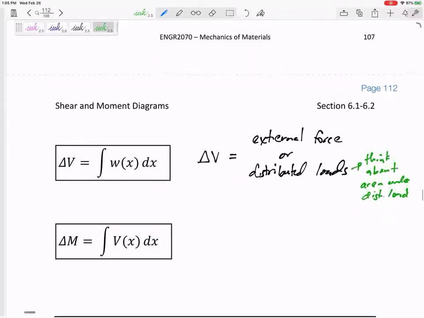Right, we already know from statics that the area of the distributed load is equal to the force. So the area of that distributed load, that's how much it's going to get pushed down. And then you just have to ask, okay, does it get pushed down linearly, or does it get pushed down steeper on one side than the other?